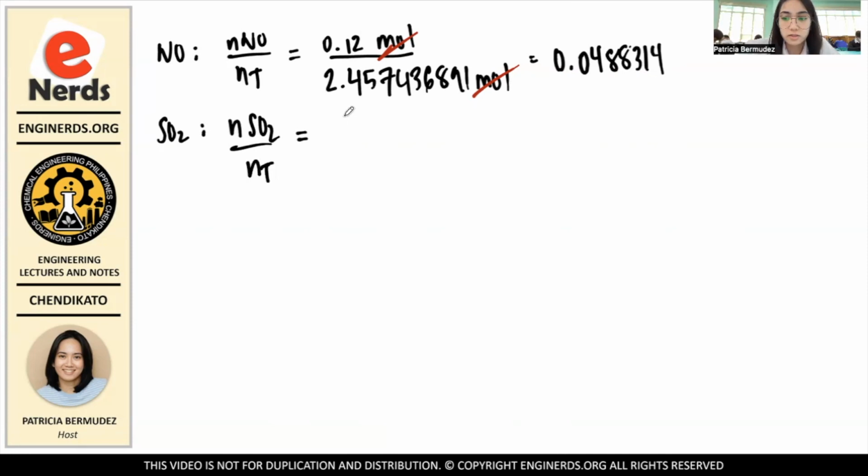And then for SO2, it is the number of moles of SO2 divided by the total. And that is 0.01875 divided by the total, which is 2.45 again.